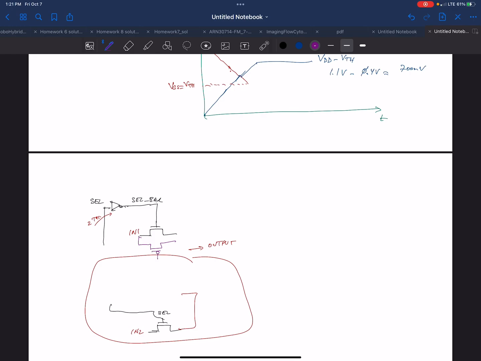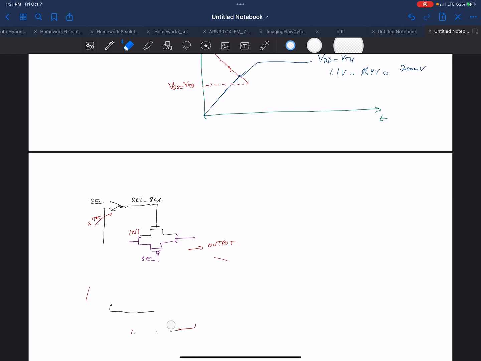So I put a PMOS in parallel with the NMOS. They're both connected to the input. And the PMOS gets select.